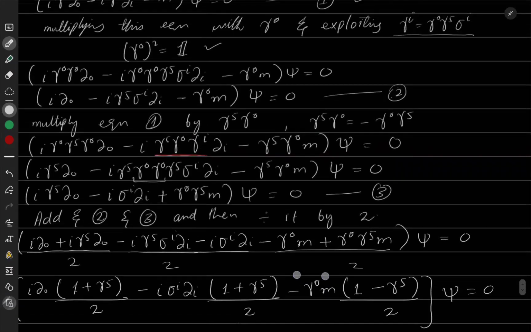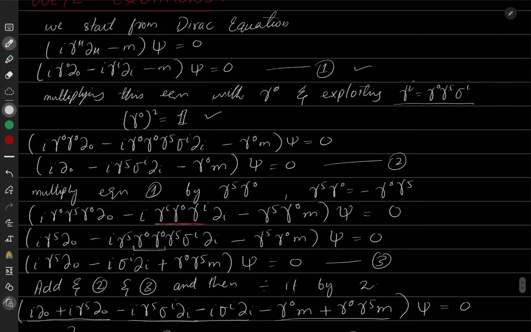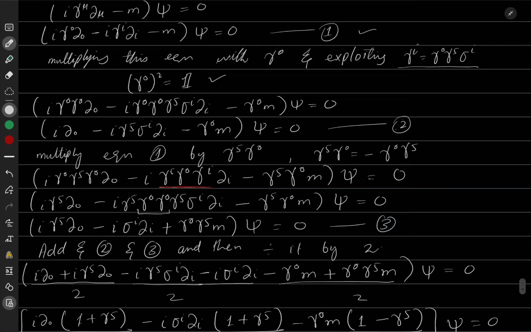Now I'm going to do the same thing, but this time I will do the subtraction, and I'm going to subtract equation 3 from equation 2 and then I will divide it by 2.